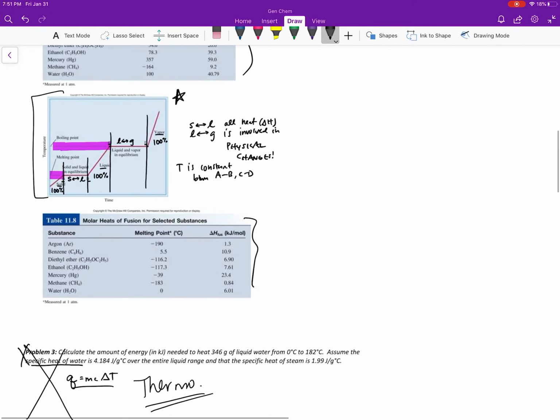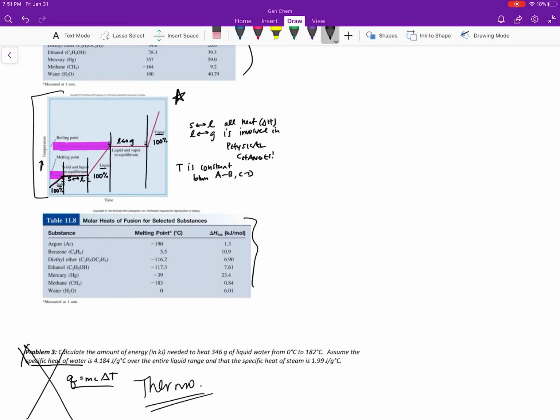This diagram, if you'll remember, we talked about how as we're adding heat in, at some point the heat that's being added in is only increasing the temperature. Then depending on what the material is, in this case we'll say it's water, at 0 degrees Celsius we are going to have melting occur, and all heat being added in is only going into making a phase change occur.